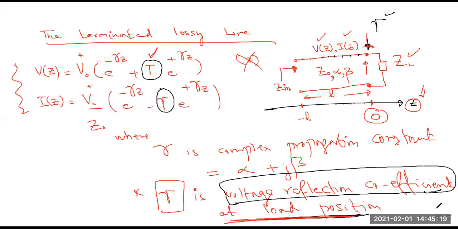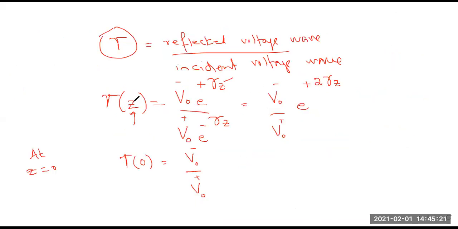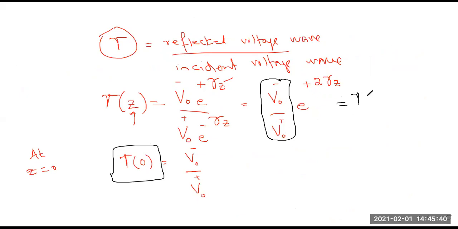And now we know that in the general expression, when z is not equal to 0, this term can be replaced by this thing. So V naught minus over V naught plus is basically gamma of 0, times e power plus 2 gamma z.